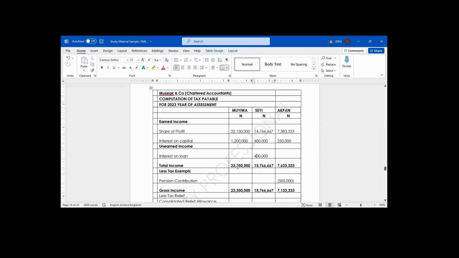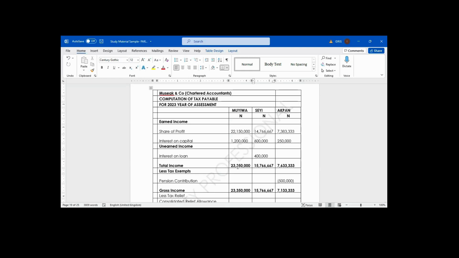After you get your total income, like we did in personal income tax, what do we normally minus? We normally minus tax exempt. Do you still remember?